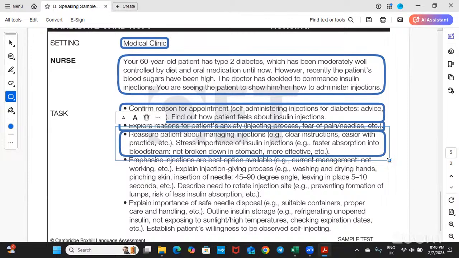So it is quite common for any individual to be tensed or upset or afraid to change the treatment plan from diabetes diet and oral medications to self-injecting insulin.